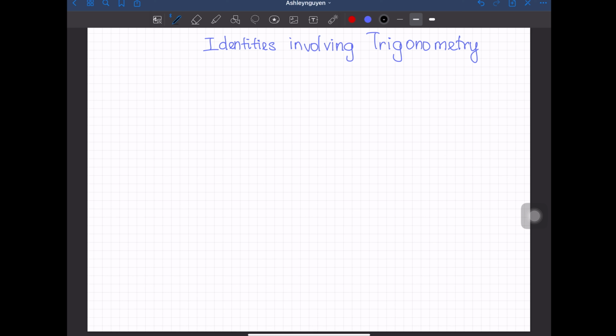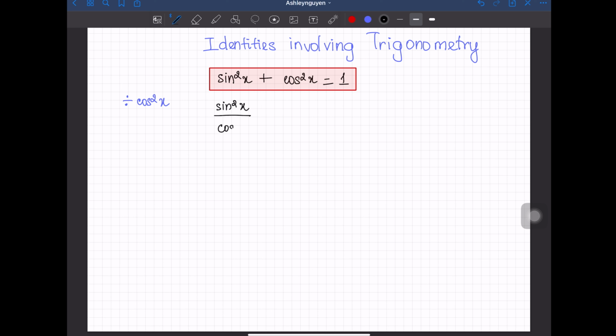Now I will divide both sides of this equation by cosine square x. This would become sine square x over cosine square x plus 1 equal to 1 over cosine square x. Now we all know that sine x over cosine x equals tangent x.